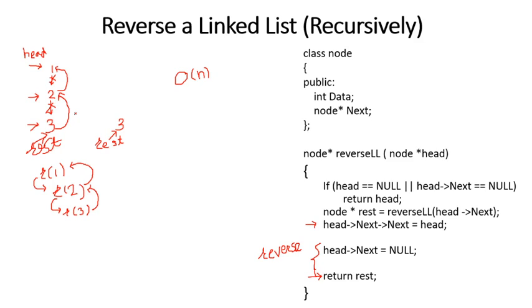But in the case of the recursive version, as it makes use of the internal stack for storing the return addresses and the local variables, that is the parameters passed to the function, the space complexity of the recursive version is greater than that of the iterative version.